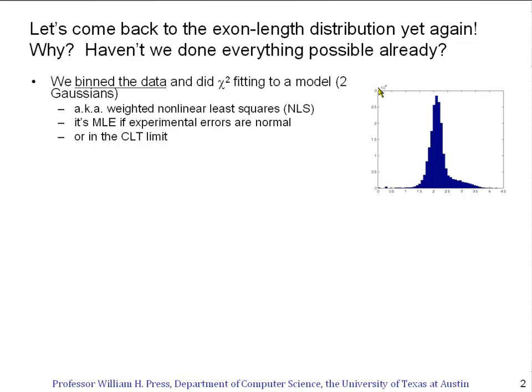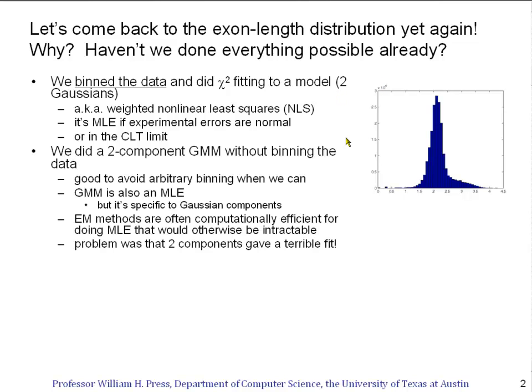So we did that in segment 25. We came back to this data in segment 28 when we were learning about Gaussian mixture models, and we did a two-component Gaussian mixture model to this. What was different here is we didn't need to bin the data, and it's always good to avoid arbitrary binning on data when you can.